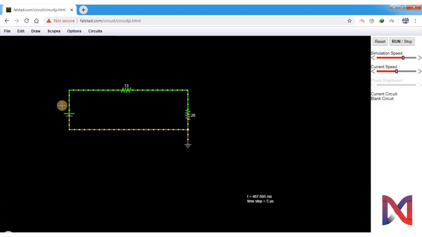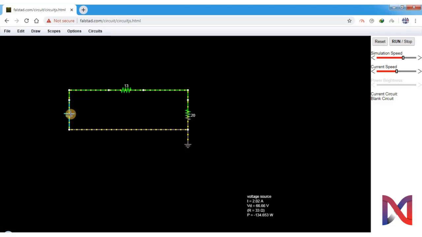Now we need to convert this Thevenin equivalent circuit into the Norton equivalent circuit. For that this Thevenin equivalent resistance will be placed in parallel to a current source here. We calculated our current source to be 5 amperes.